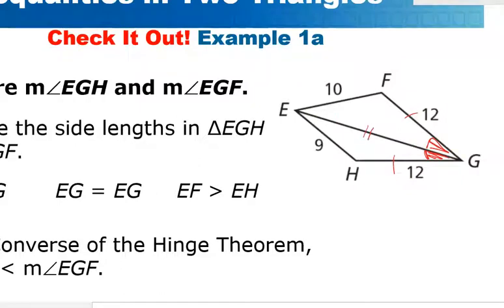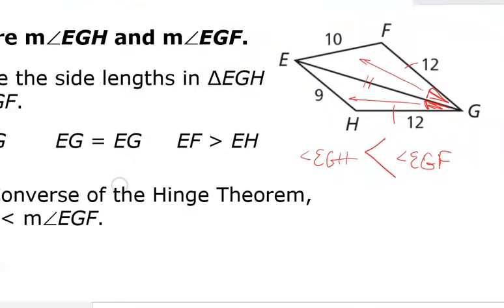Okay, you need to have the two congruent sides, don't forget that. Now let's compare it. So is the angle with the 10 across from it bigger or the one with the 9 across from it? The one with the 10 across from it. So I'm going to write it in the same order here. So you got EGH, EGF, and which one was bigger? EGF, bigger. There we go. Just like that.